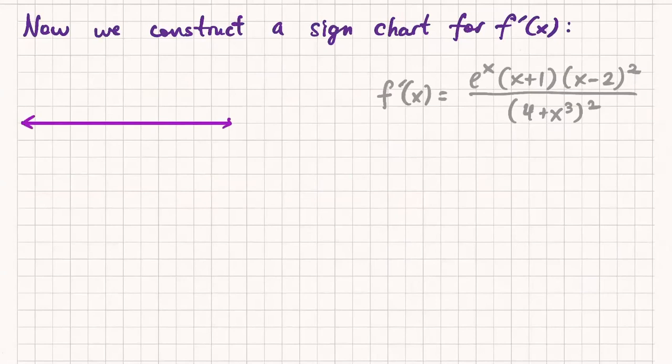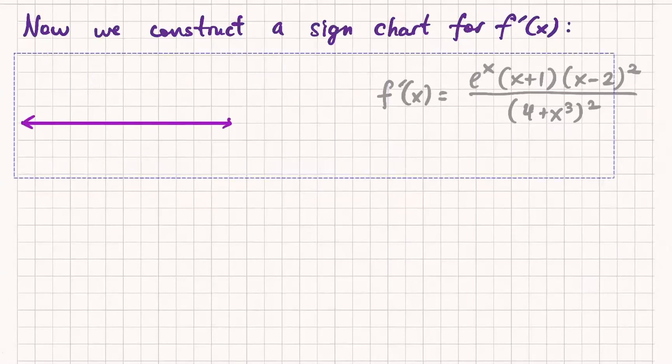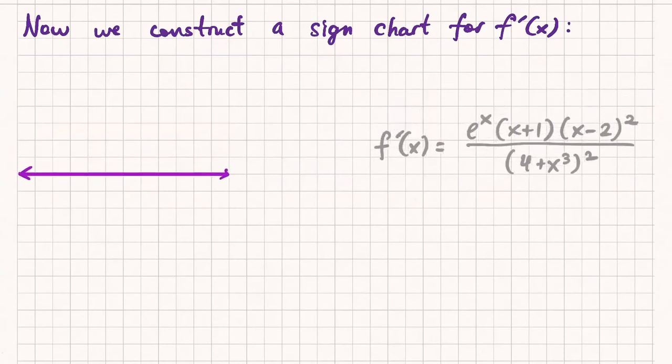Okay. So now we do a sign chart. So now that we have it fully factored, can someone tell me what the cut points are? That's the important thing. If you're given the factored form, you better be able to tell me what the cut points are.